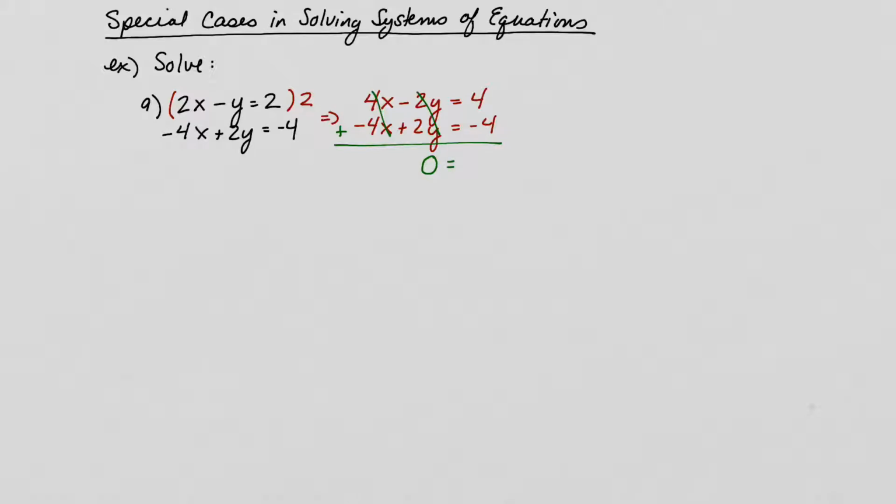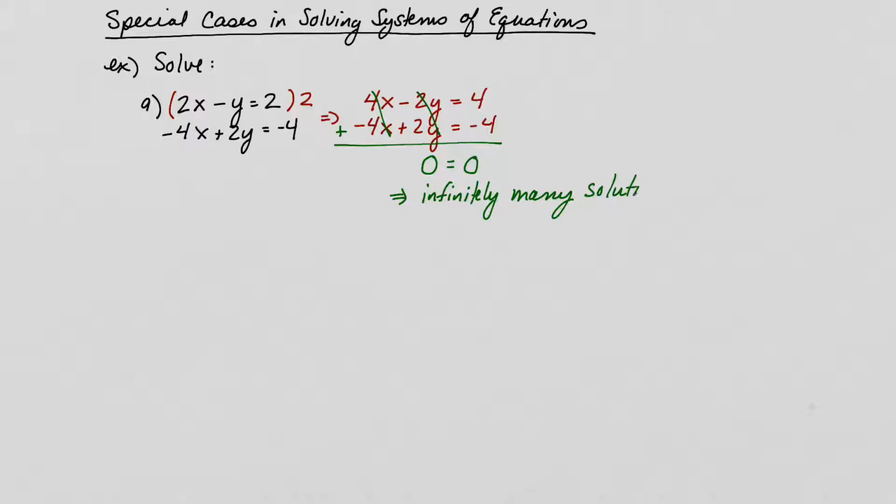And on the right-hand side, when I add 4 and negative 4 together, I also get 0. So I end up with 0 equals 0. Anytime you're solving a system of equations and you get 0 equals 0, that means there are infinitely many solutions.